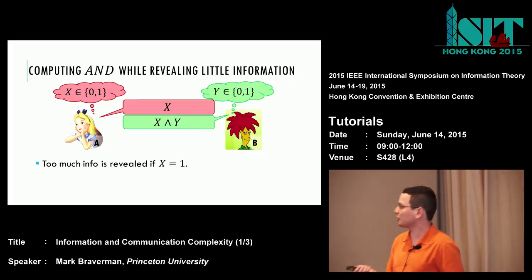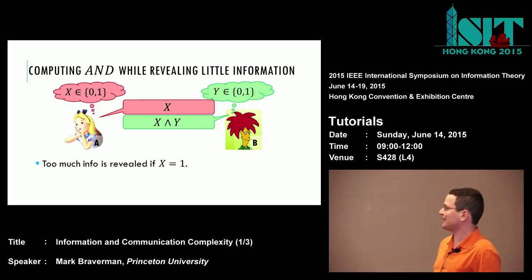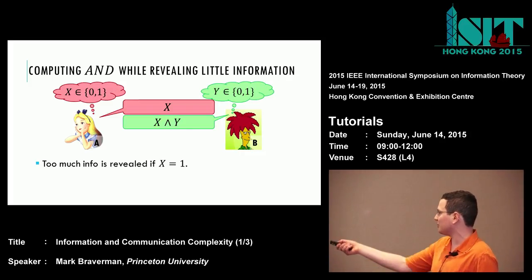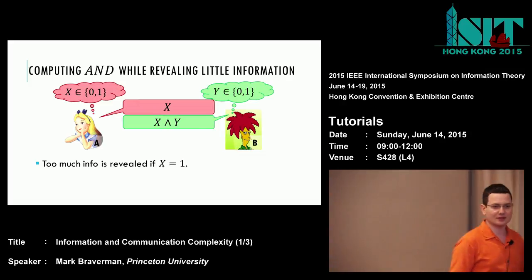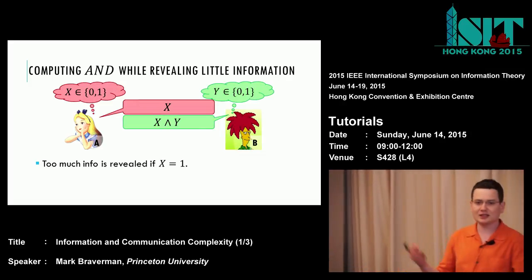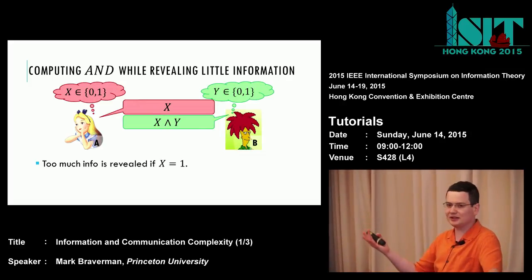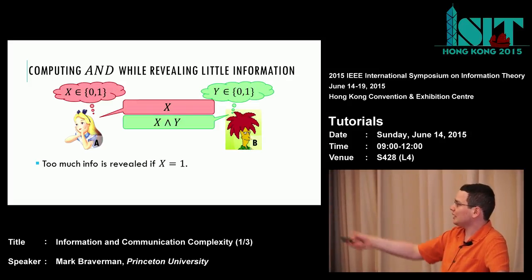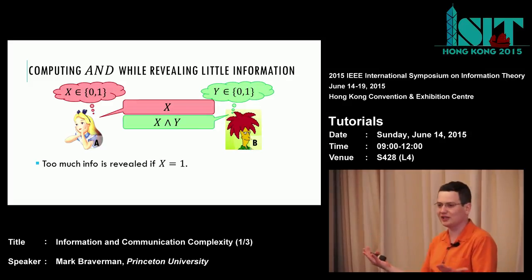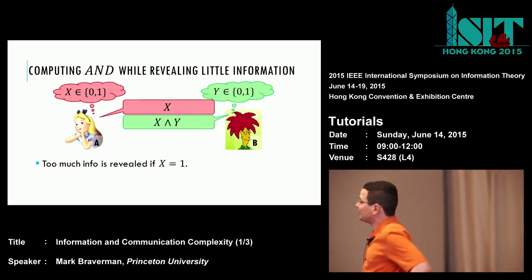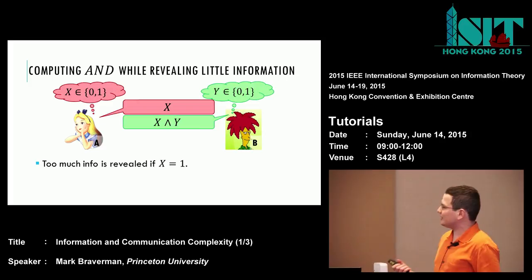So here is a naive protocol for AND. Alice sends x to Bob, and Bob computes x AND y and returns it to Alice. So what's the problem with this protocol? Well, if Bob has a 1, for example, he will learn x no matter what, because x is already encoded in the answer. But what is the bad case in some sense?